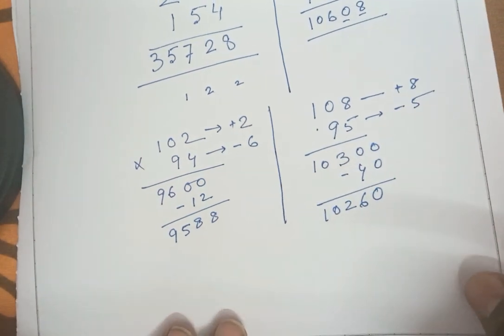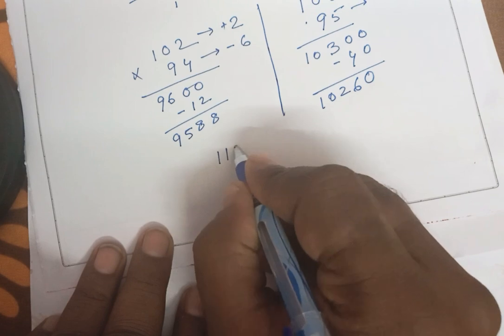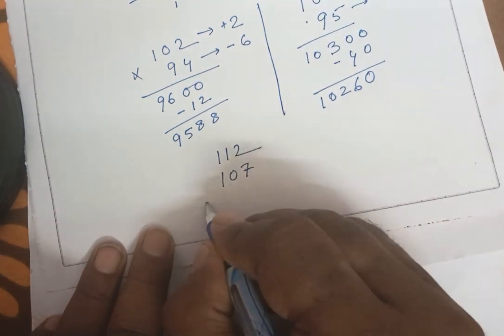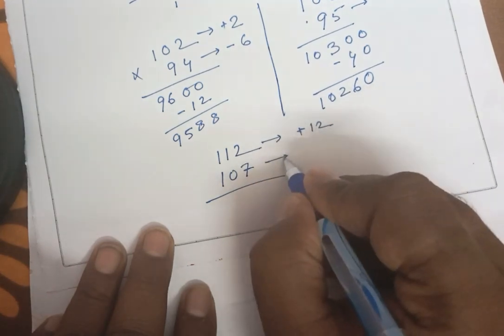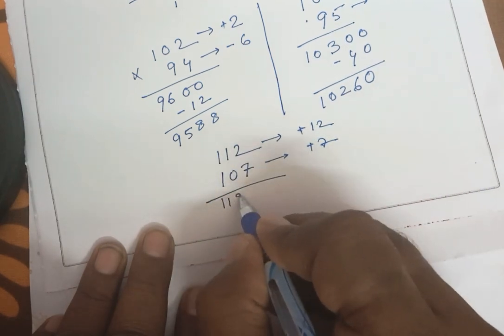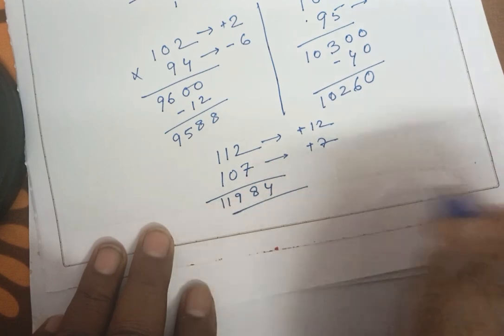Okay, now if the situation is like this, 112 multiplied with 107, how can you? Here it is plus 12, here it is plus 7, then add these two, 119, multiply these two, this is the answer.